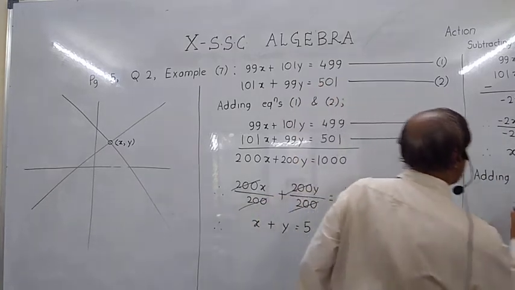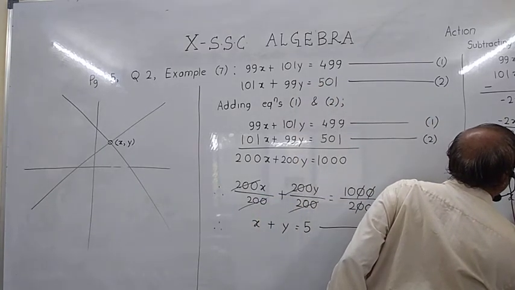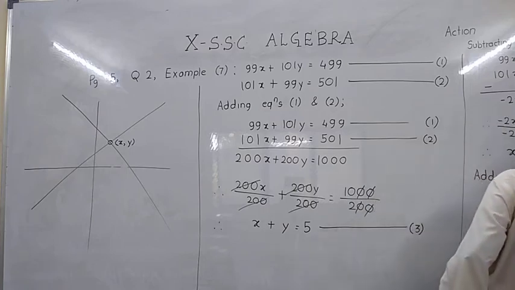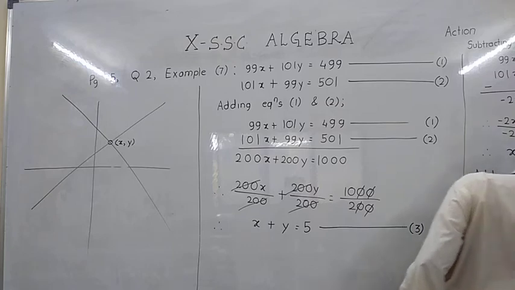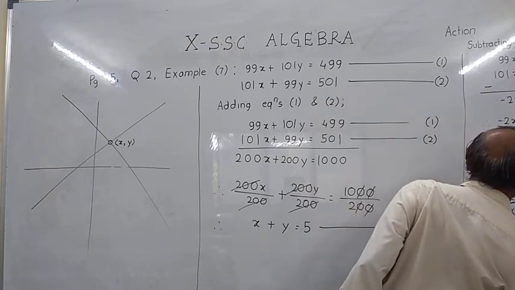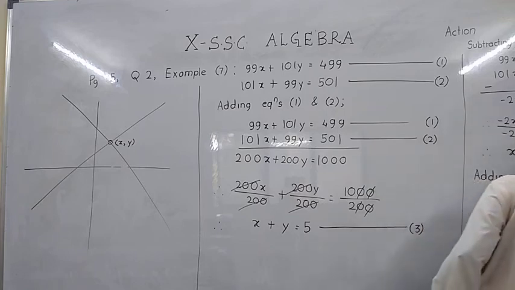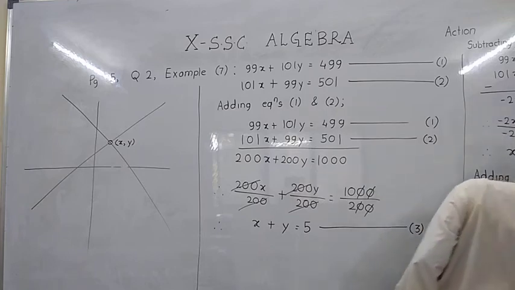X plus y is equal to 5, this is your equation 3. X minus y is equal to 1, this is your equation 4.